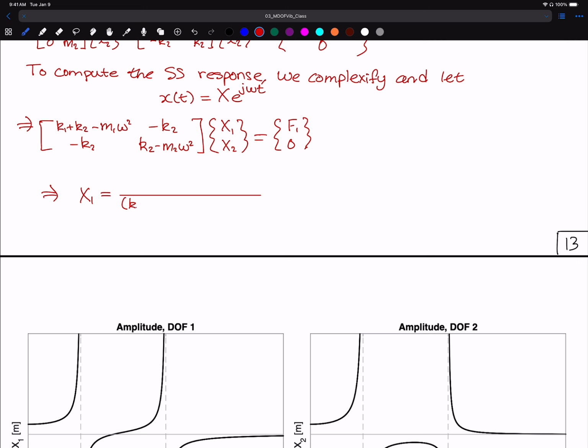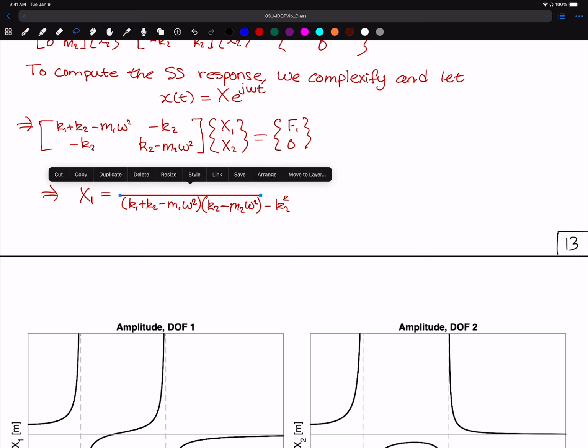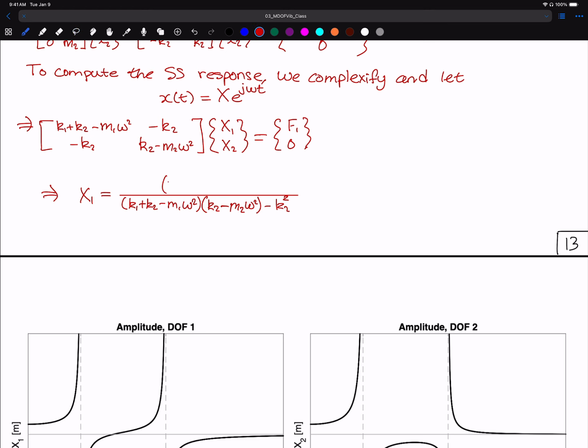We're going to get the quantity K1 plus K2 minus M1 omega squared, multiplied by K2 minus M2 omega squared, minus K2 squared. In the numerator, we're going to end up with K2 minus M2 omega squared, all of that multiplied by F1.